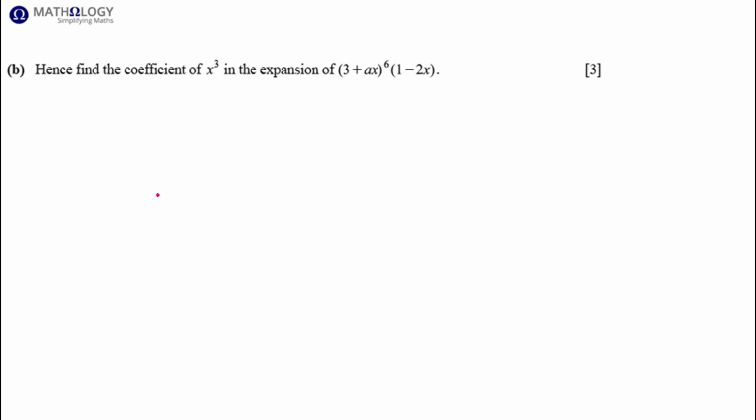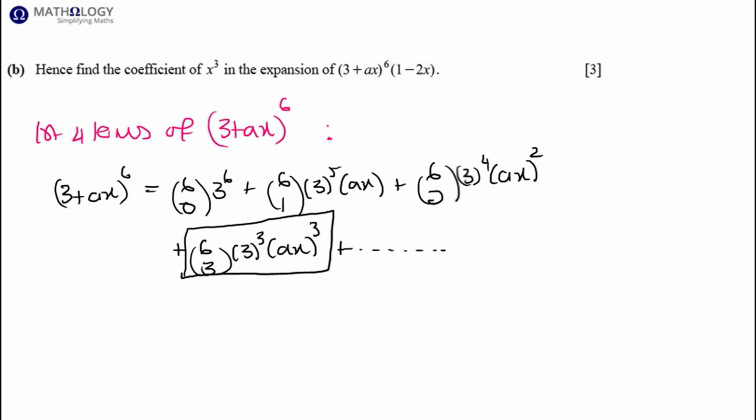Hence find the coefficient of x cubed in the expansion of (3 plus ax) to the power of 6 times (1 minus 2x). Now we've already established the first 4 terms of (3 plus ax) to the 6, which are these 4 terms over here.